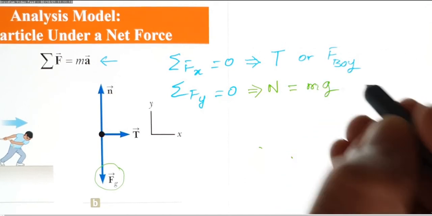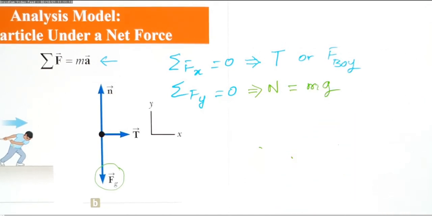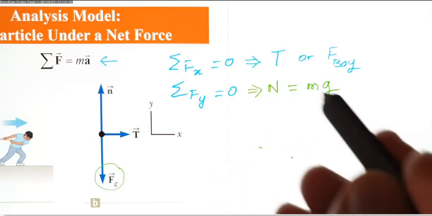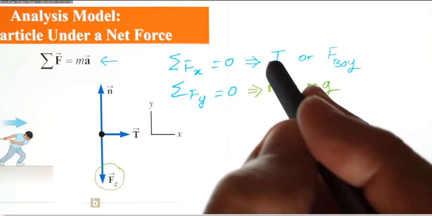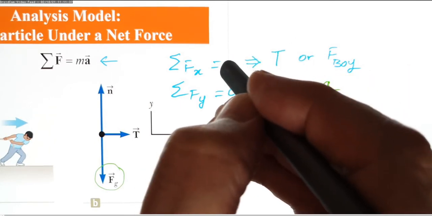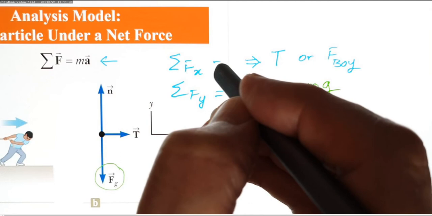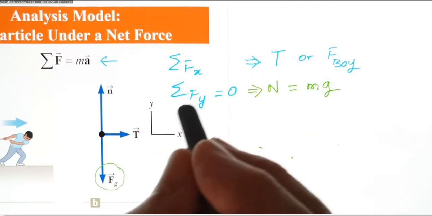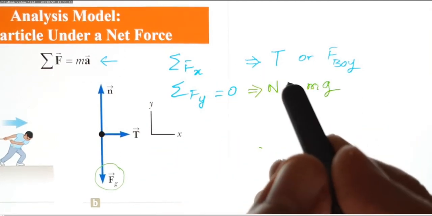Normal force is equal mg. You are right, summation of forces, because we have only one force, so we just remove the 0.